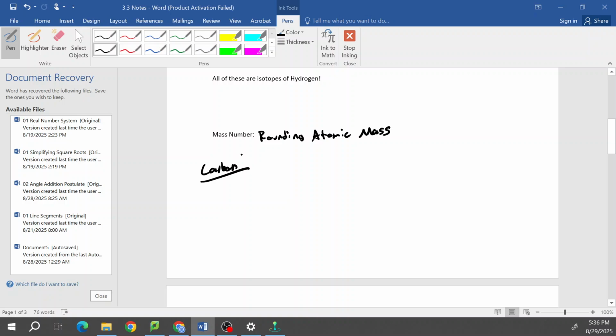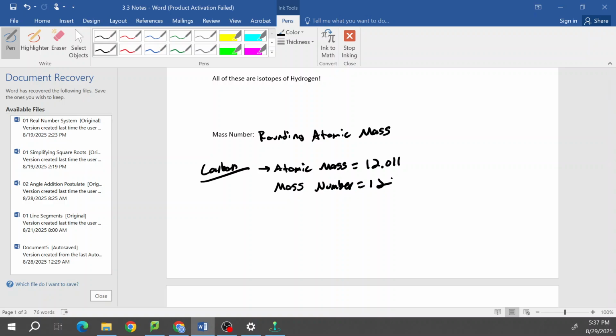If you find carbon and look to see what its atomic mass is, carbon has an atomic mass equal to 12.011. If I round it, that means its mass number is simply 12. If I just round that down, carbon has a mass number of 12.